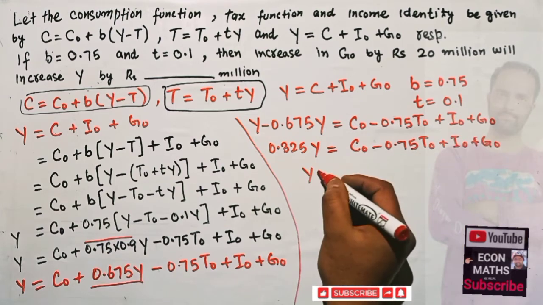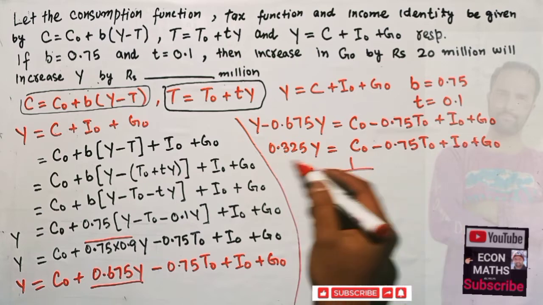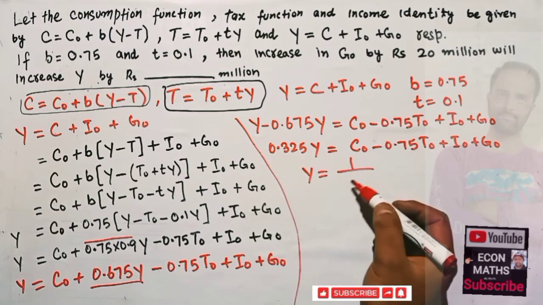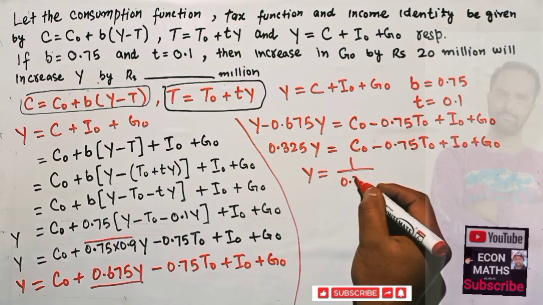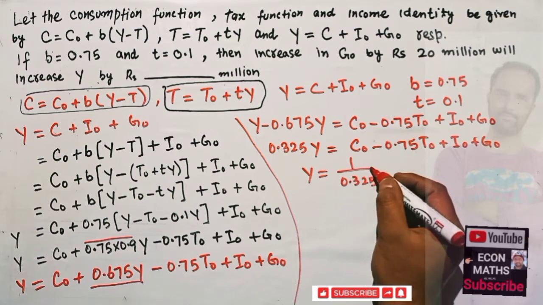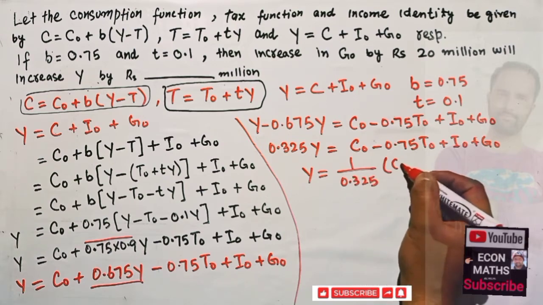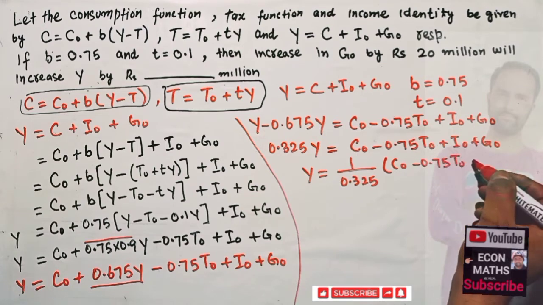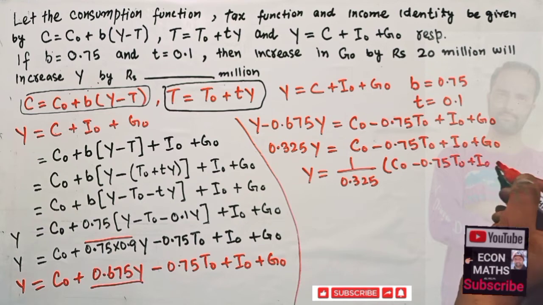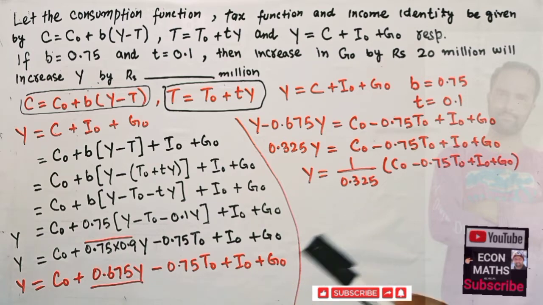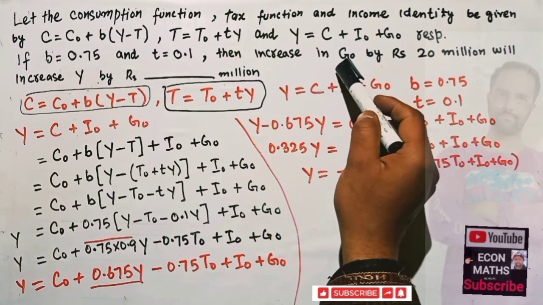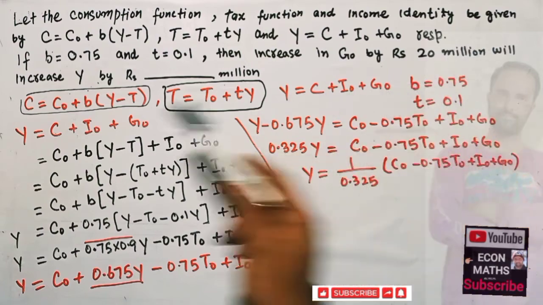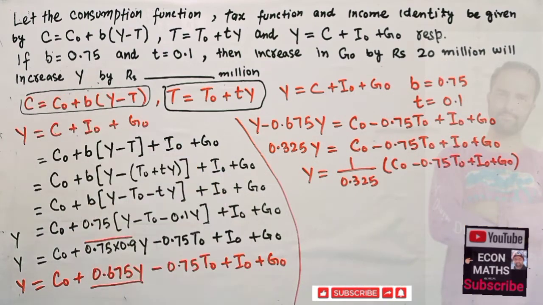Or Y is equal to 1 upon 0.325, if I transpose this, it will get divided, times C naught minus 0.75 T naught plus I naught plus G naught. Now what we are being told is, what happens if G naught increases by 20 million, what will happen to our income?